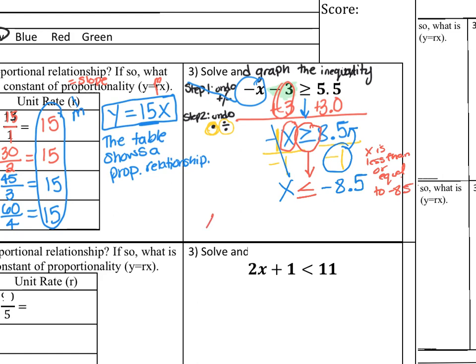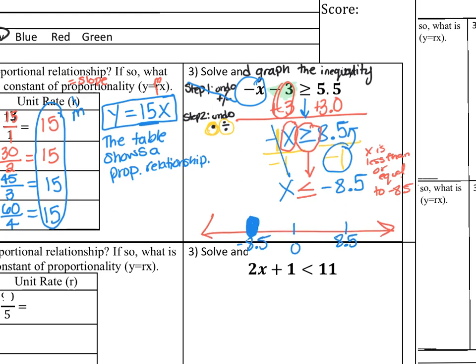Now let's graph it. All right, so when I graph this, I'm going to graph the positive number, 0, and the negative number, just so I have a reference of my negatives and my positives on my number line. Here I have -8.5, so I'm going to plot a point on -8.5. Now some of you remember this. When you have an inequality with the equal sign on the bottom, the circle is closed because it's included.